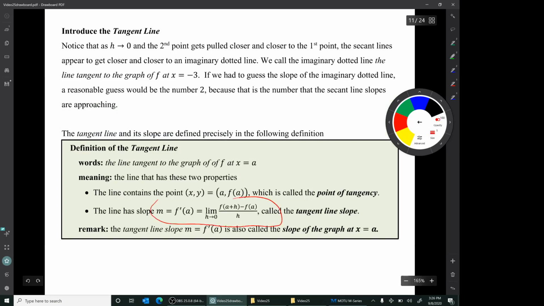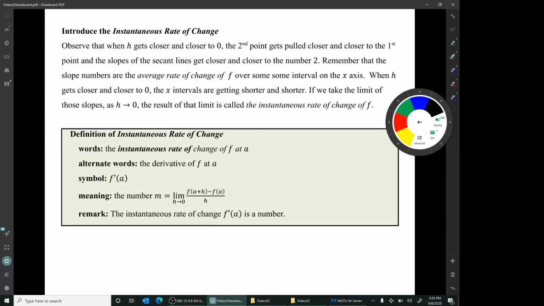The tangent line slope is this computation. Now, there is a symbol that I snuck in here. It's this symbol, f prime parentheses a. What's up with that? That symbol shows up in this definition of instantaneous rate of change of f as well, f prime parentheses a. That symbol is spoken the derivative of f at a. So the derivative of f at a is the same as the instantaneous rate of change of f at a. It's denoted by this symbol.